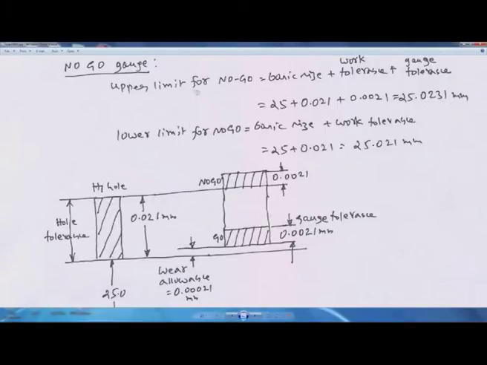So, this is the upper limit for the no go gauge, and this is the lower limit for the no go gauge. In order to get this lower limit, we add basic size plus work tolerance, that is 25.021 millimeter, which gives us the lower limit for the no go gauge.